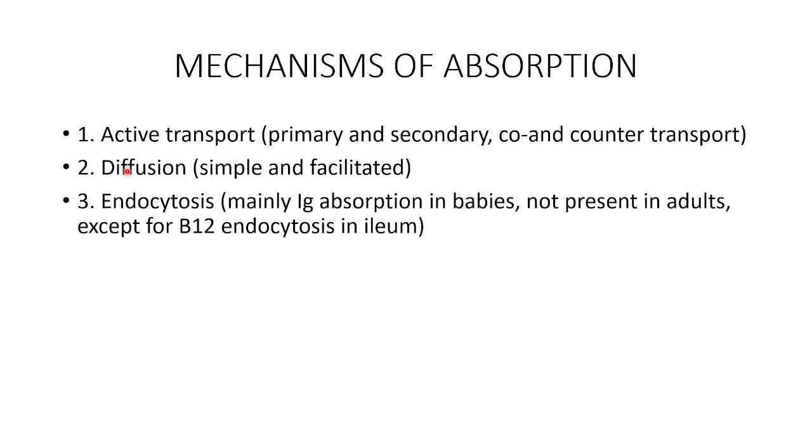Even though no energy may be required, it requires a transporter. What does it mean? If a transporter is required, it means that the process can be saturated, right? So there is a limit to the speed of transport. The rate of this facilitated diffusion can be limited by the availability of transporters.